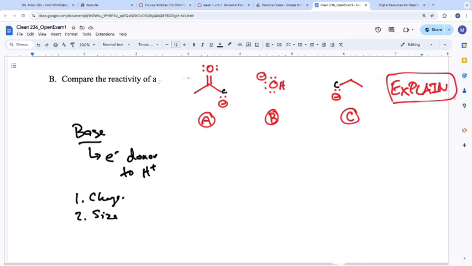Okay? So now we can say, well, size. Is there a size difference between carbon, oxygen, and carbon? Yes. Between oxygen and carbon, but there is. And here's where we encounter one of those dilemmas that shouldn't be a dilemma for you because you had OChem 1 with me.